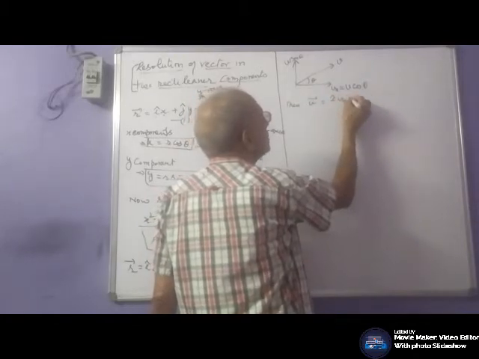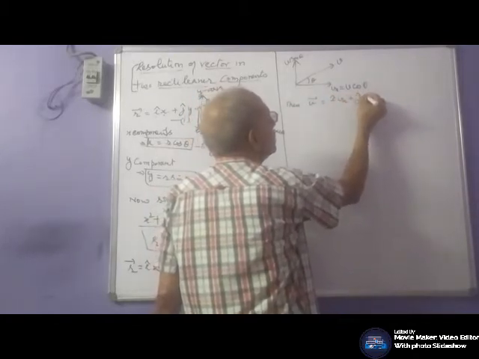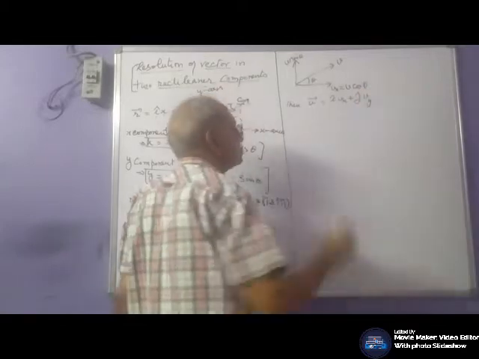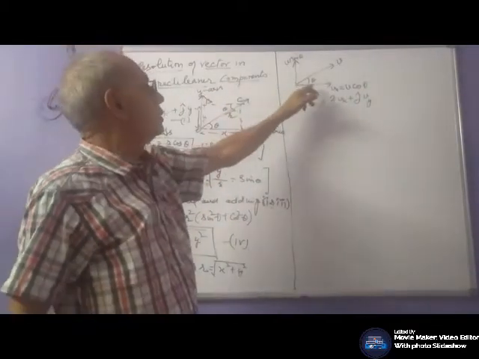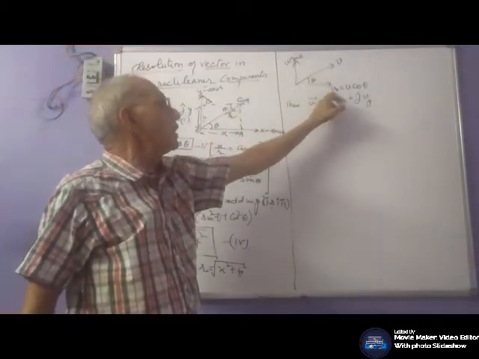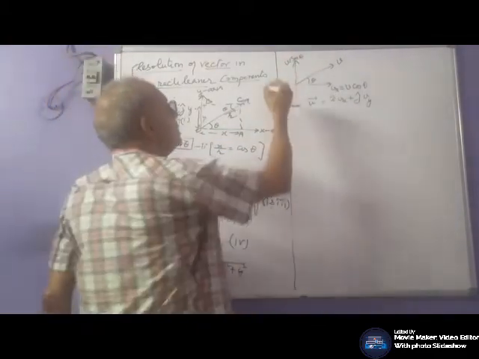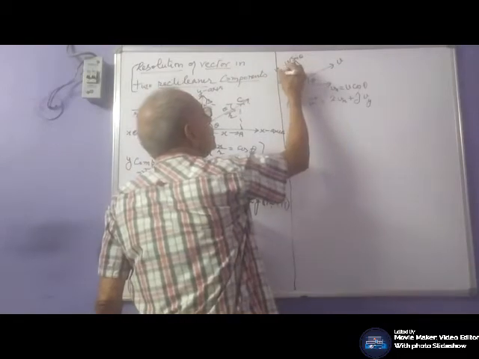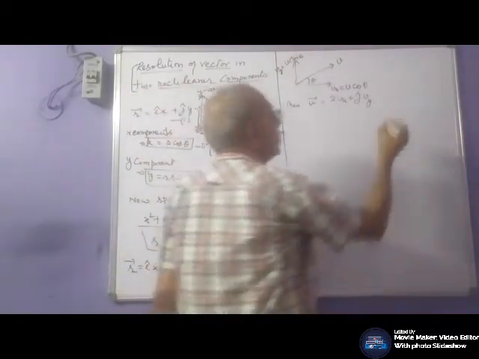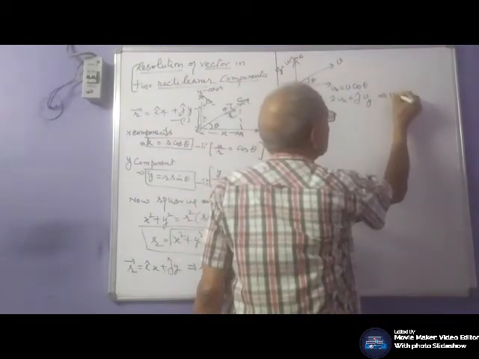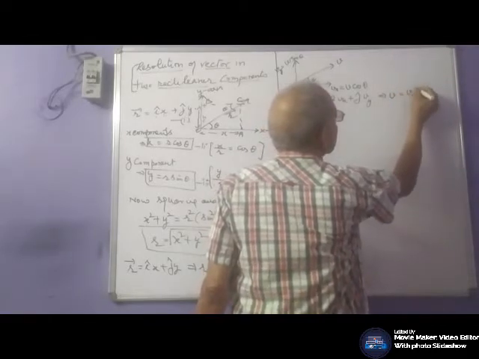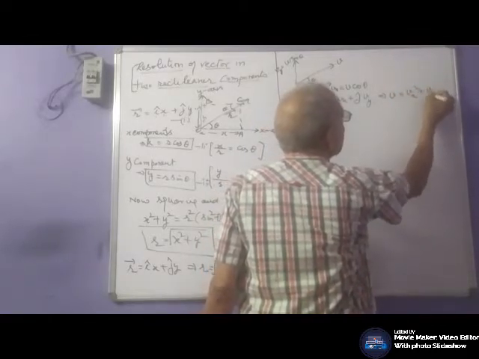I Vx plus J Vy. Velocity along x-axis Vx, y-axis Vy. And magnitude is Vx square plus Vy square root.